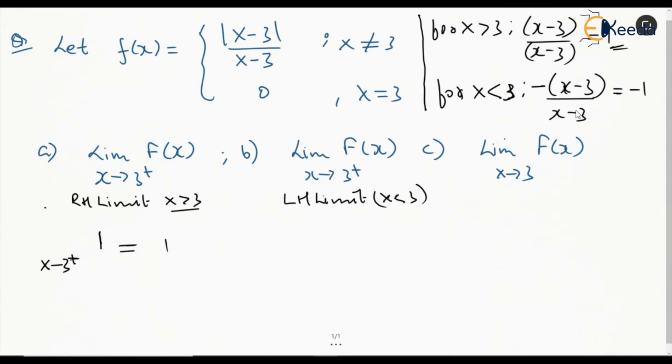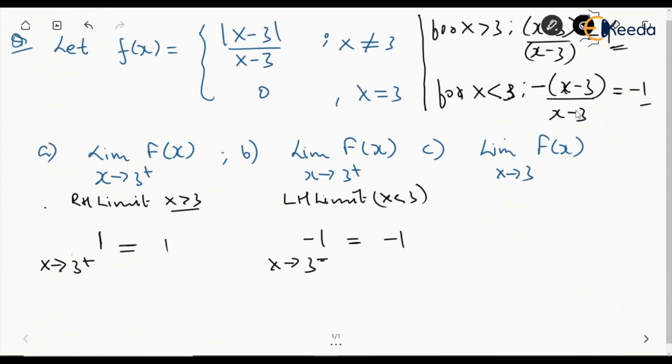So for a constant where x tends to 3 plus, it will remain 1. And for the left hand limit, the function value is minus 1. So it is minus 1 for x tends to 3 minus. Again, this is a constant and this will be minus 1.